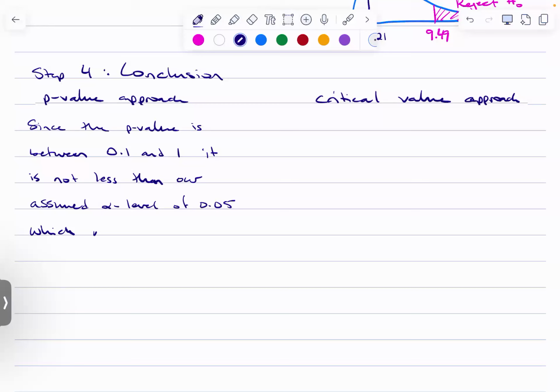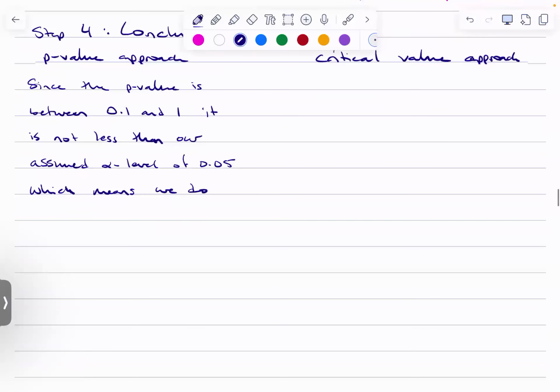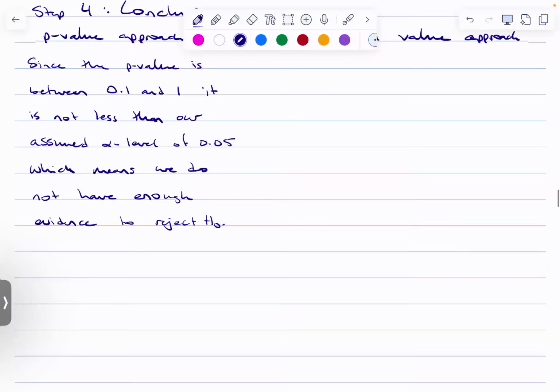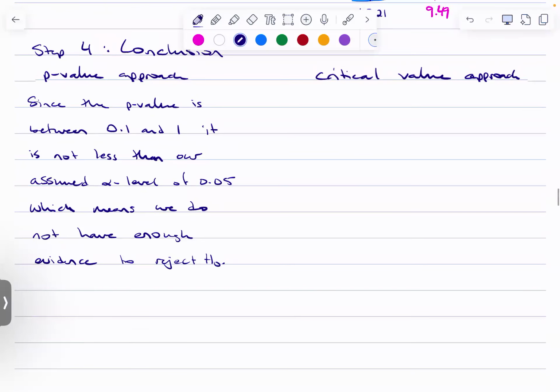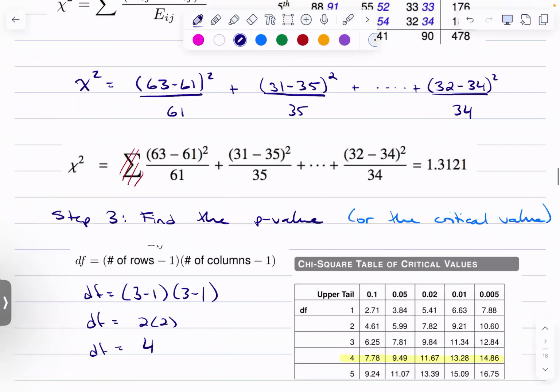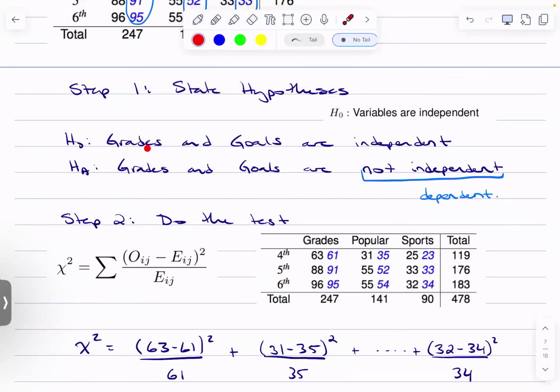Which means we do not have enough evidence to reject H naught. If we don't have enough evidence to reject H naught, if we go back to our null hypothesis, then this is our conclusion.